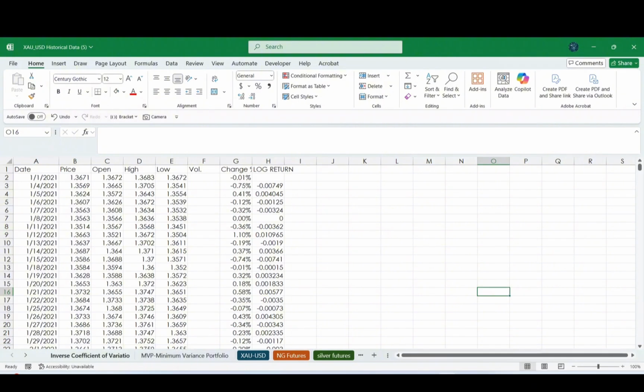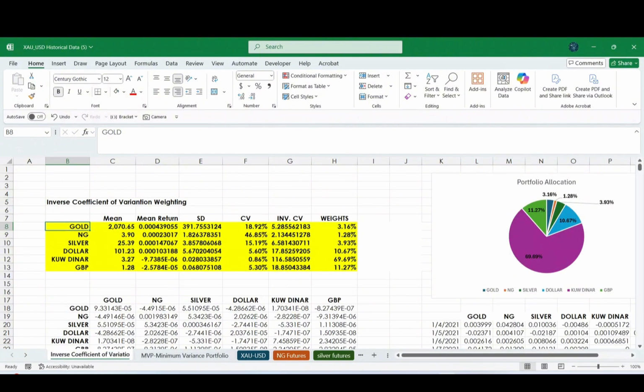So I used that historical information to build this table you can see here in yellow.